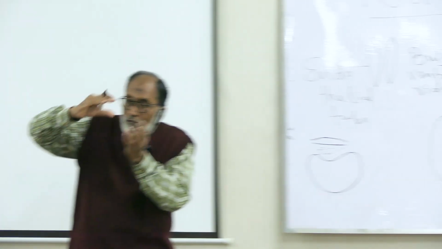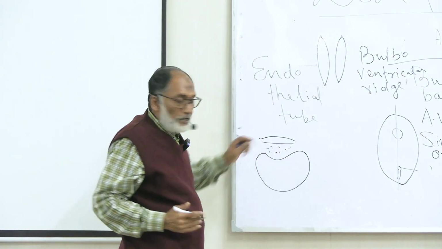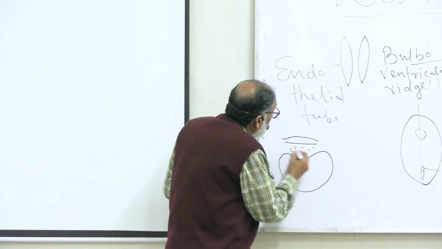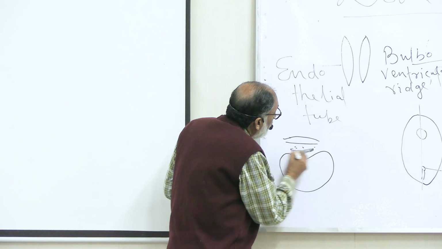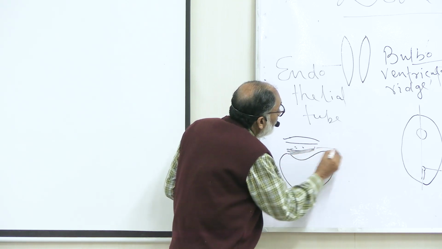That splanchnic mesoderm will condense to form the myoepicardial mantle. The myoepicardial mantle will develop from the splanchnic mesoderm. This is the myoepicardial mantle.